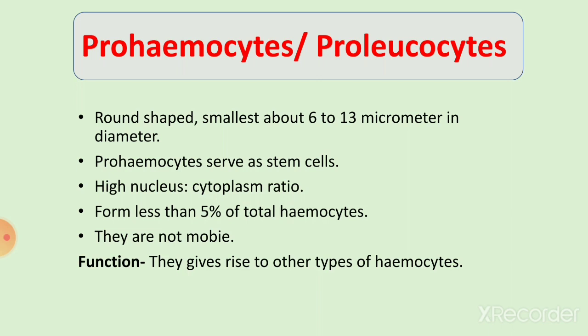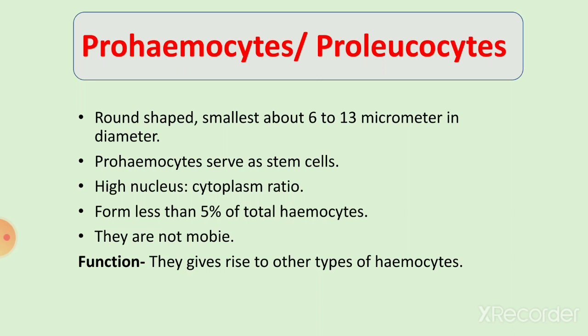They stain heavily with the right stain. These cells have a high nucleus-cytoplasm ratio because the nucleus is large in size and occupies about 70 to 80% of total cell volume. They form less than 5% of total hemocytes in the hemolymph.